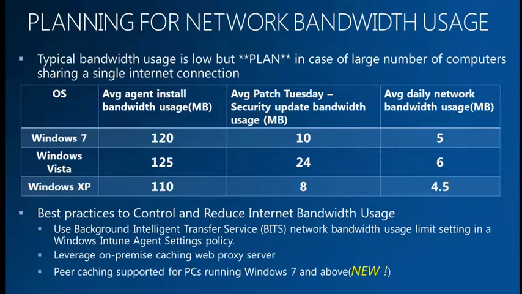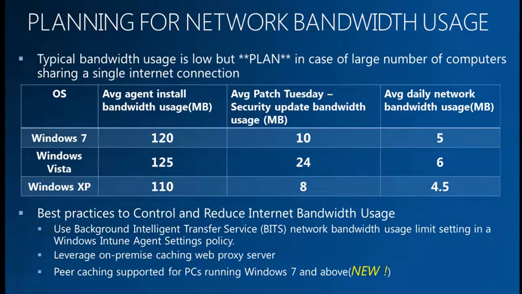So you can create a policy to throttle internet downloads to as close to 0 kbps, and say that from 8 a.m. to 5 p.m. I don't want any Intune downloads happening, and I want all Intune downloads to happen only outside of business hours.